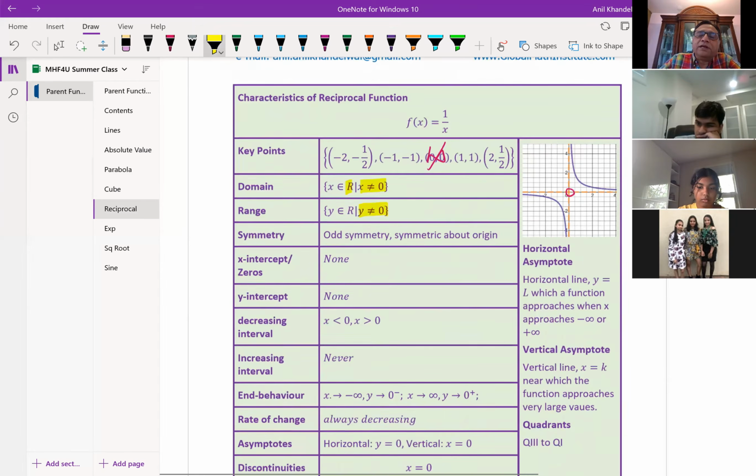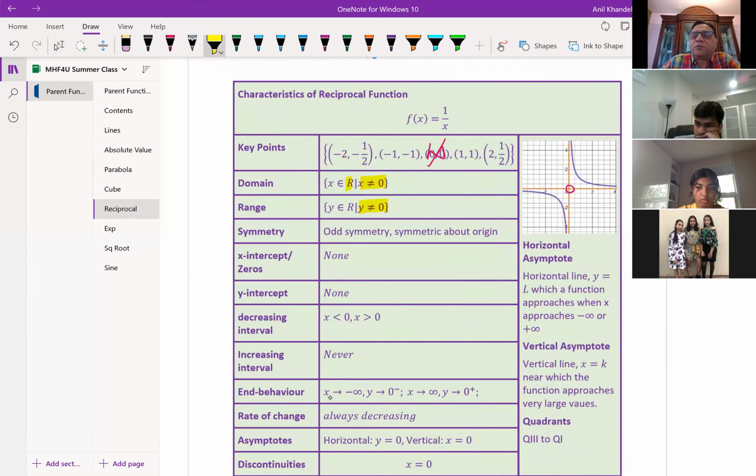Now, there are two very important characteristics, and let's talk about those, which are the horizontal asymptote and the vertical asymptote. What does that mean? Horizontal asymptote means that if the value of x is very large, is the y value approaching a limited value? So as you can see, if I divide by a very large number, what is the result?